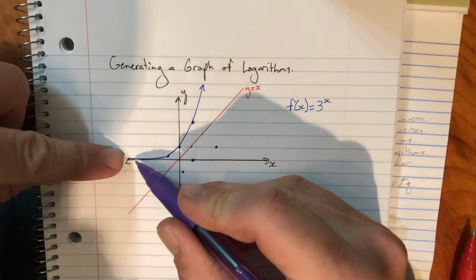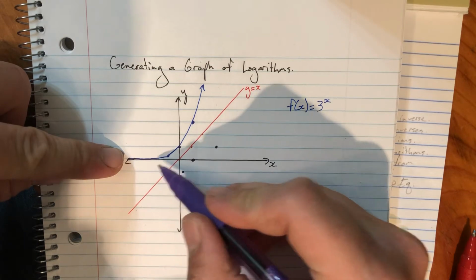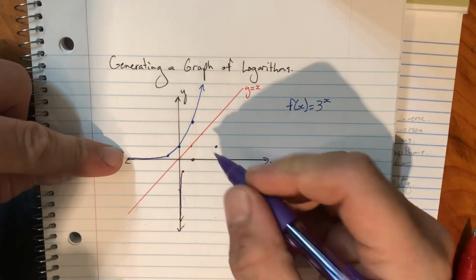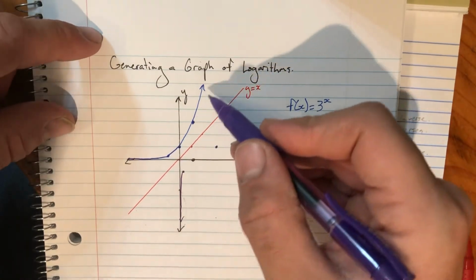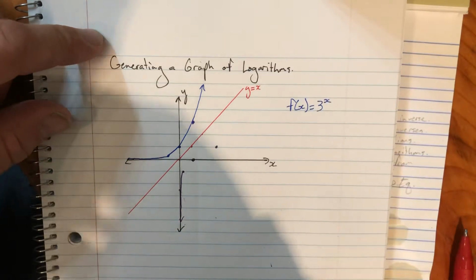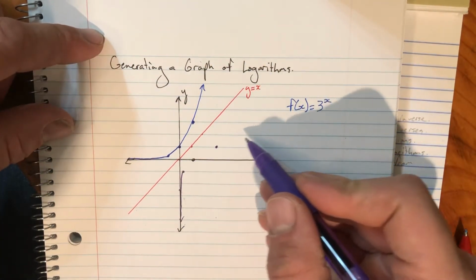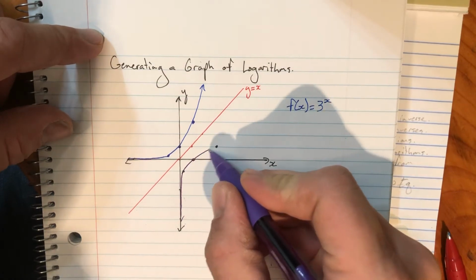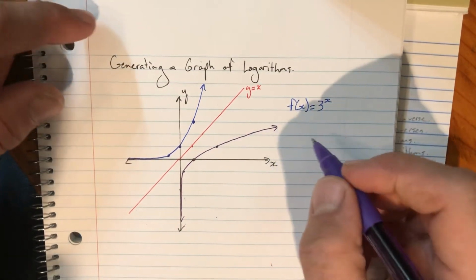And then this feature, this asymptote that's horizontal, is going to become an asymptote that's vertical. And as it grows off, kind of tapering toward the y-axis, but always continuing out, this is going to grow off kind of tapering toward the x-axis, but always growing out. So this is going to be a graph of our logarithm.